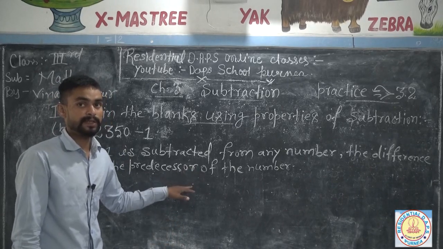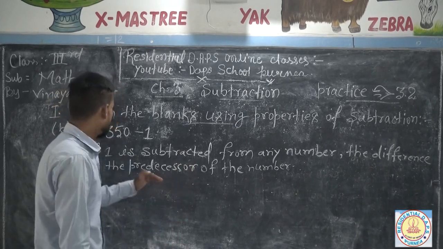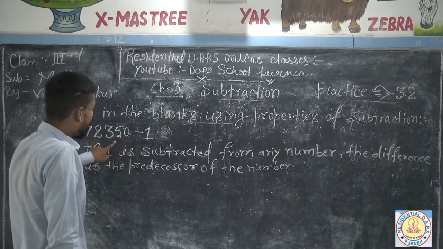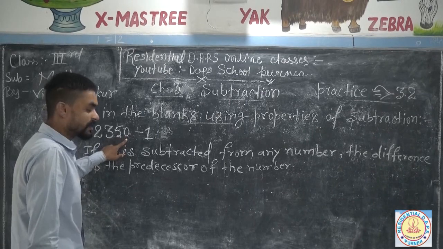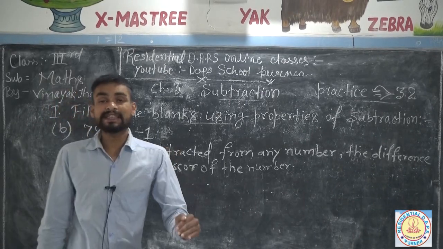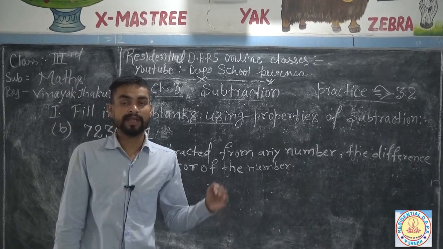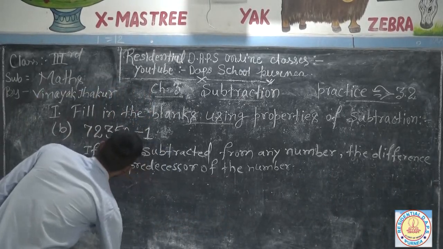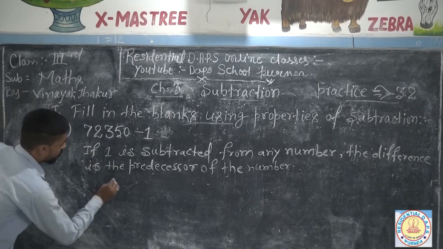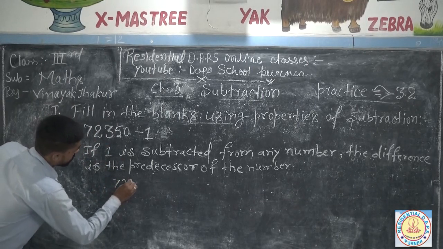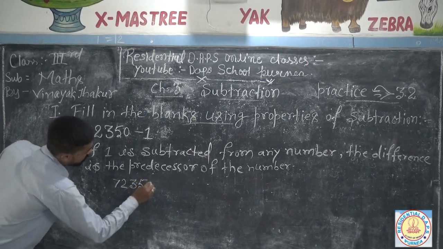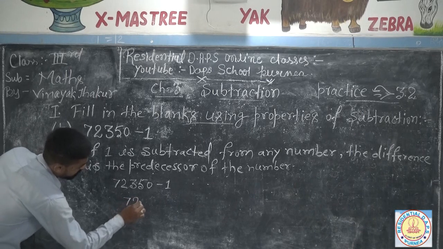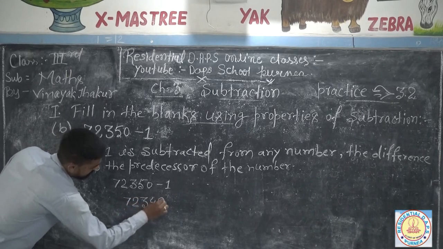This is the first property, and the second property is if 1 is subtracted from any number, its ones place is decreased by 1. This is the second property of subtraction. You can find out easily if you subtract 72,350 minus 1, you get 72,349.